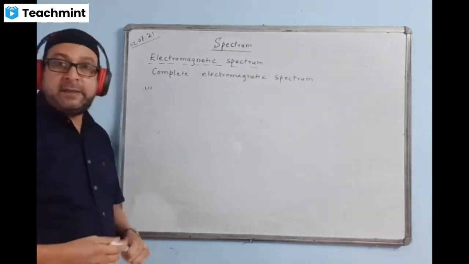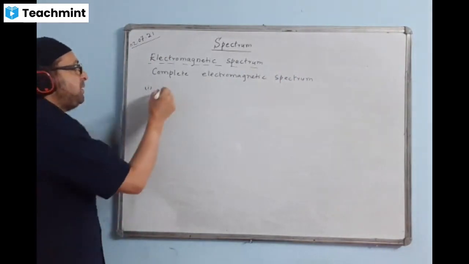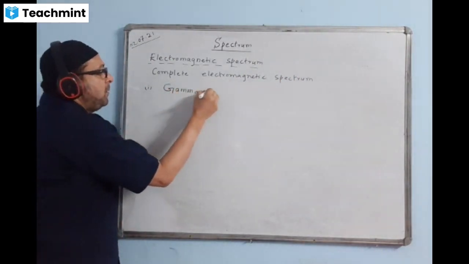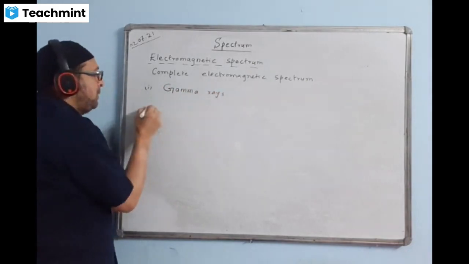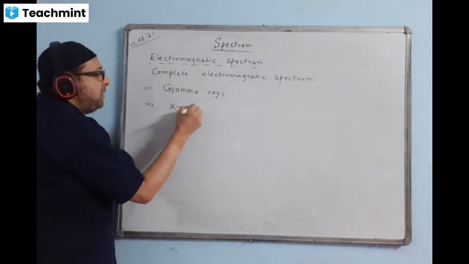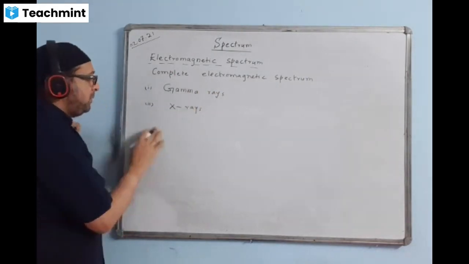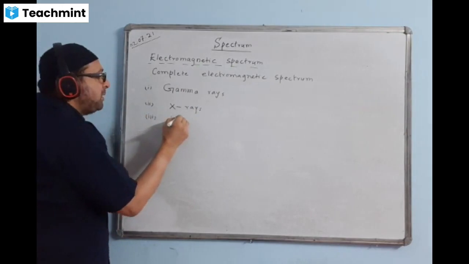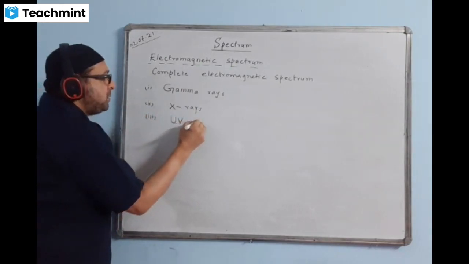So now I'll be naming them. Number 1, the first one is called gamma rays. Second one is X-rays. You have to learn them by heart, the order. Third one is called UV, ultraviolet rays, UV rays.